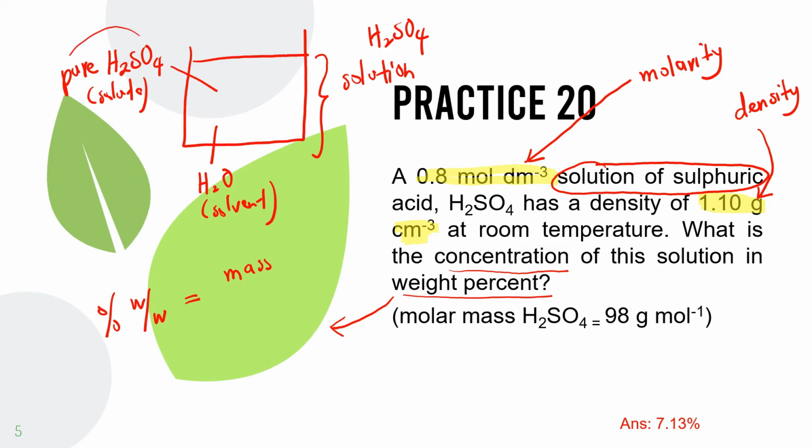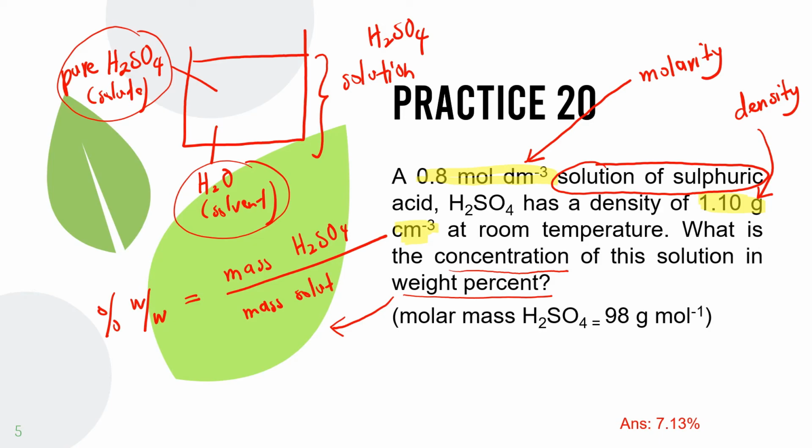So in this case we have two components. Okay, the first one is the component of pure H2SO4, the other one is water as solvent. So according to the formula of weight percent or percentage by mass, it is mass of H2SO4 solute over mass of solution, times 100.